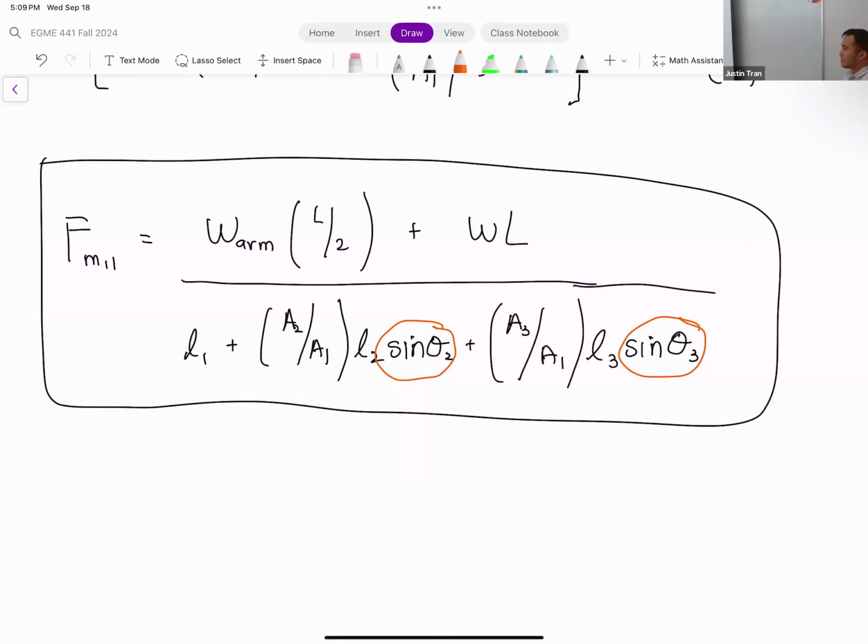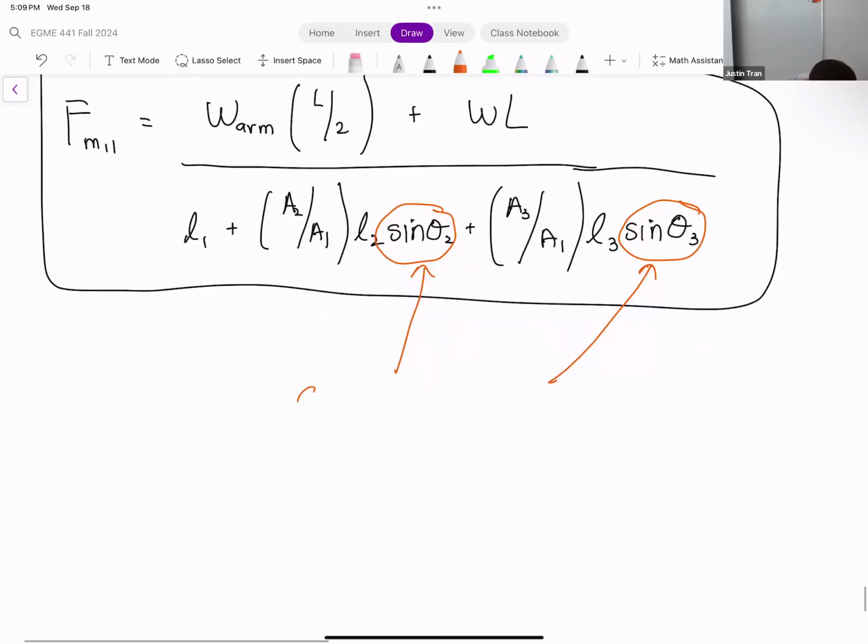From this example, we have another result that computes a muscle force. Let's do the same thing where we analyze this in terms of what's in the numerator and what's in the denominator. There's a lot more that we can talk about. Obviously the ratio of the cross-sectional areas are there. But one thing I want to mention is these sine terms. We have sine of an angle, and that angle is not insignificant.